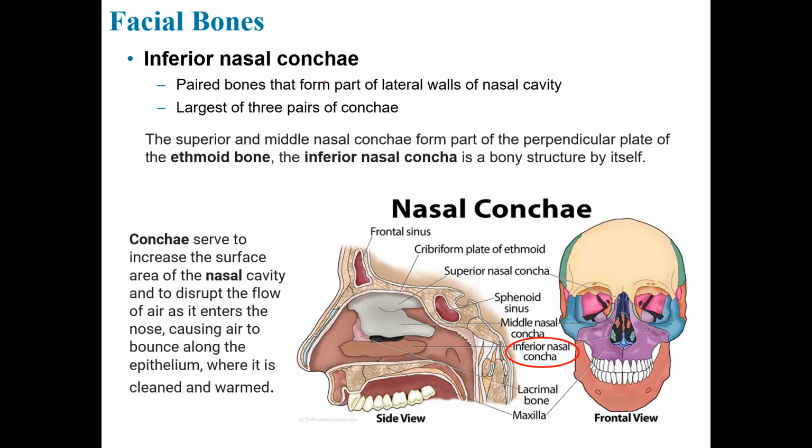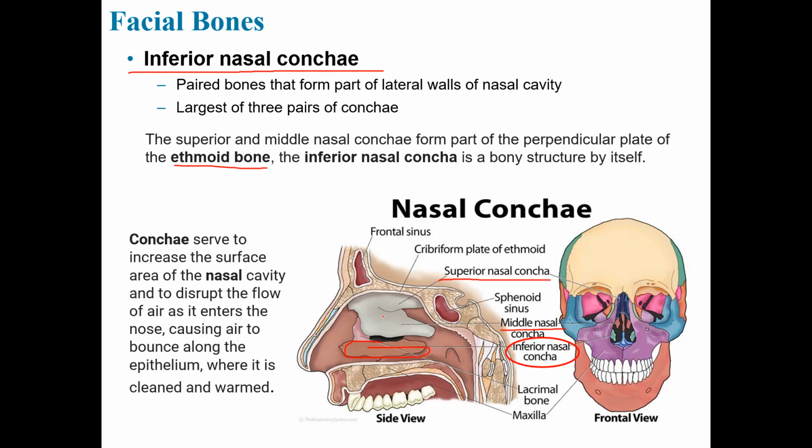All right, so I told you there is one of the conchi that is a bone on its own, okay? And this is the inferior nasal conchi, okay? It's over here, okay? While the other two conchi, the superior nasal conchi and the middle nasal conchi, are actually part of the ethmoid bone, considered part of the ethmoid bone, okay?